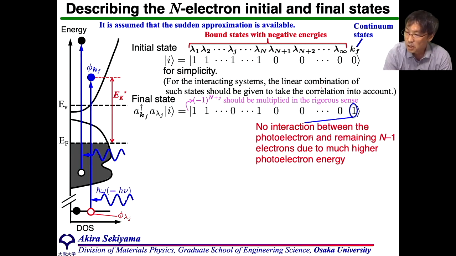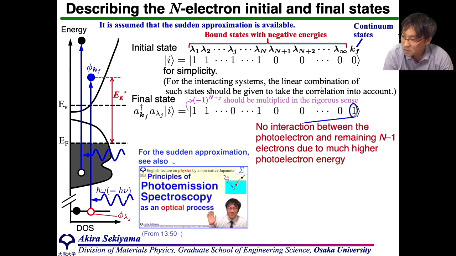And by using the sudden approximation, for this state there is no interaction between this electron and the remaining N-1 electrons, because the electron energy is much higher for this state than this state. Therefore, we do not need to consider the Coulomb interaction between these bands in formulating photoemission.